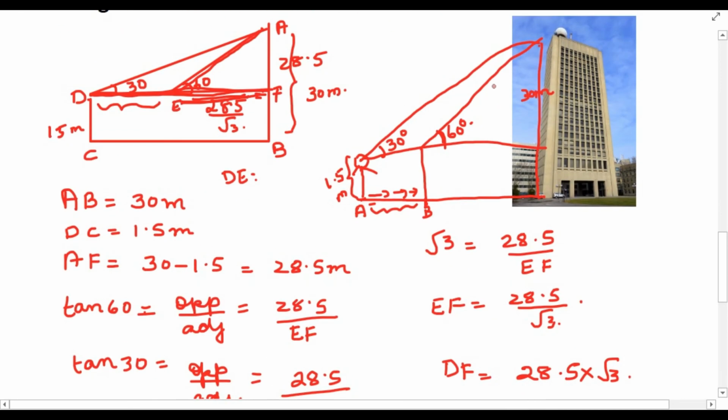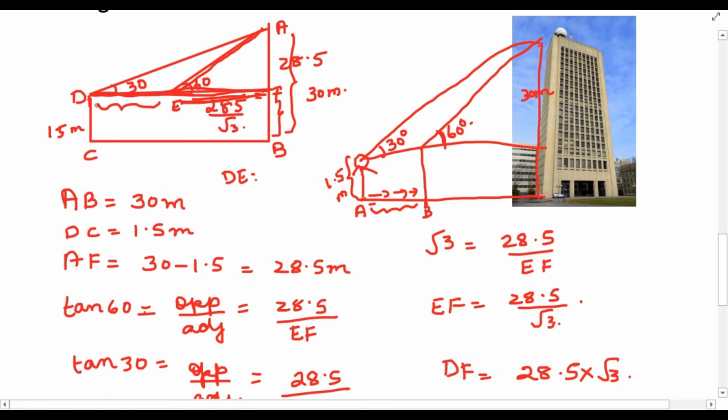Height of the building is 30. From that we have subtracted height of the boy because the angle of elevation from his eyes is given. So you need to subtract 1.5. So we got the distance AF. Now angle of elevation also they have given. First it was 30 degree. When it moved towards the building it was 60 degree. So it has increased from 30 to 60.